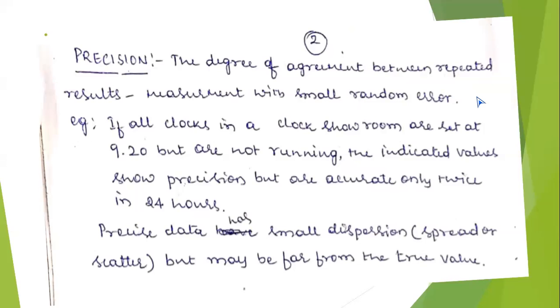Suppose while measuring you have 0.0001 millimeter error, you can say this is a measurement with small random error. That error which occurs while conducting the experiment can be neglected because it is very small. That is the small spread or scatter, that is the small error.